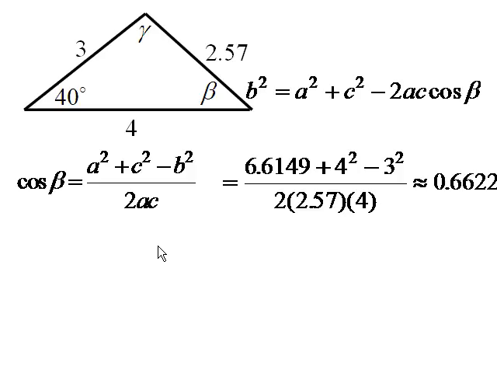Plugging in what I had for a squared, I didn't have to square root and then unsquare it and then square it back. I could take that value that I had for a squared directly, and plugging in these pieces for 2ac, a squared plus c squared minus b squared, I get a value 0.6622.